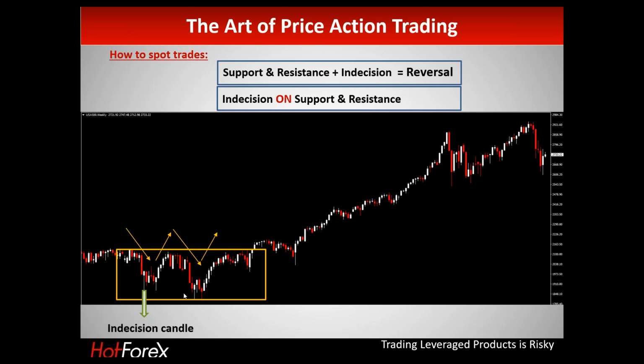In general there is a bit of consolidation, a bit of indecision in the market. It's moving up and down, but in the same range.